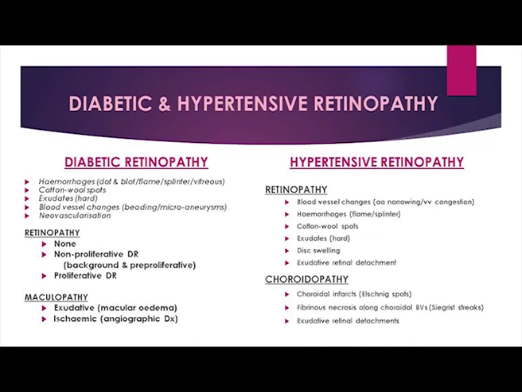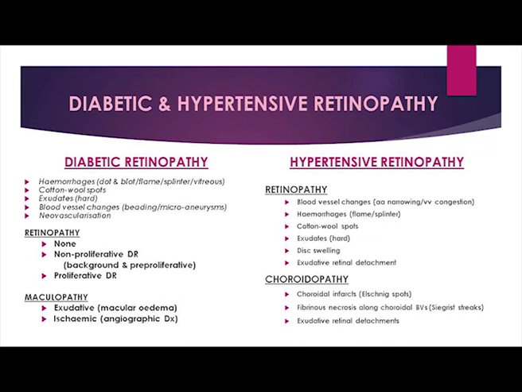So there's either no retinopathy, or from medical school days you probably remember background and pre-proliferative. We now just group those together as non-proliferative and proliferative. So nothing is nothing. Non-proliferative is pretty much all of those signs to varying degrees without the neovascularization. Proliferative is as soon as you have neovascularization.